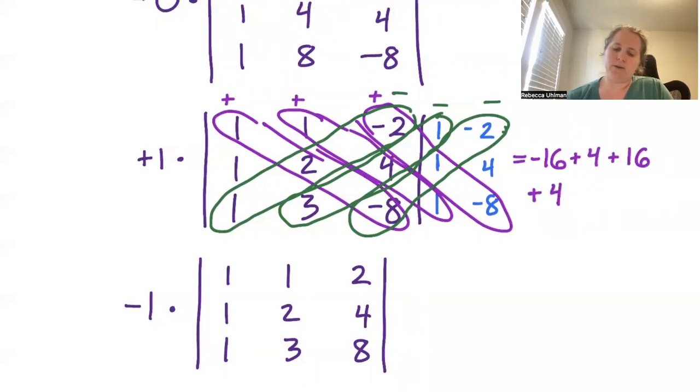We subtract off 1 times 4 times 3, so negative 12. And subtract off negative 2 times 1 times negative 8, that becomes negative 16. Putting this all together, plus 16 and negative 16 cancel each other out. We're looking at negative 16 plus 4 is negative 12, plus 4 is negative 8, negative 12 would be negative 20.